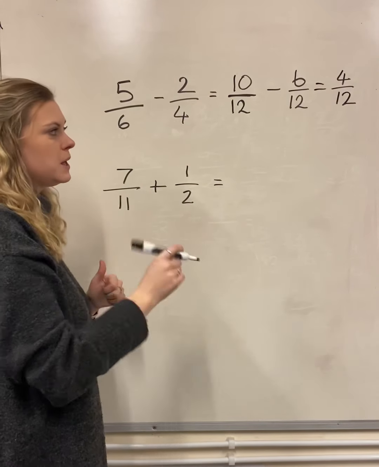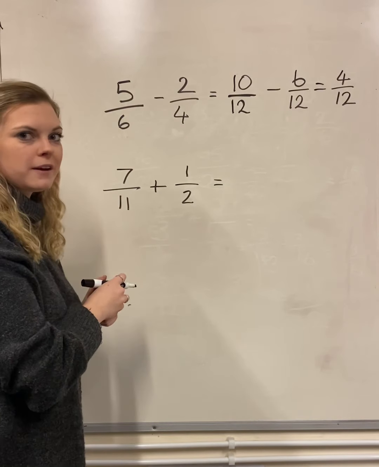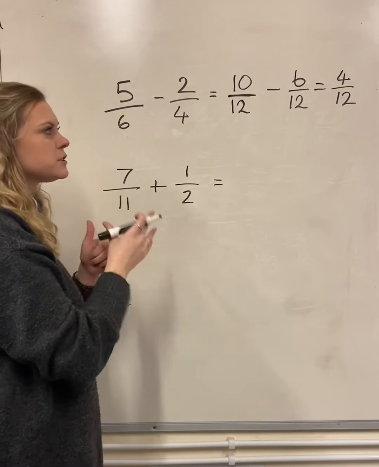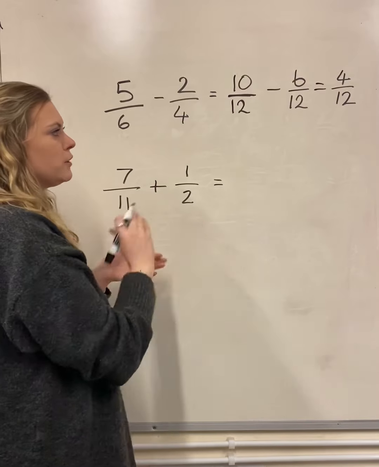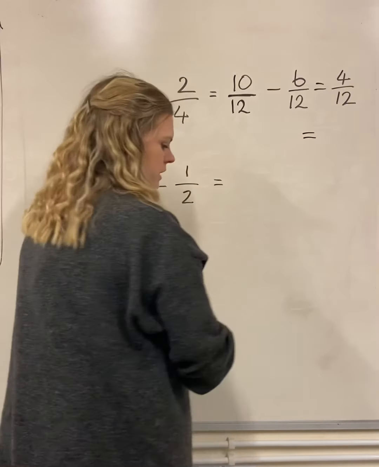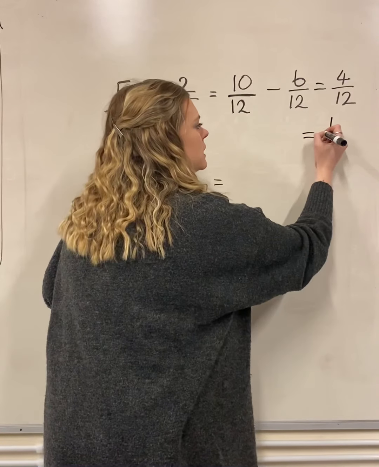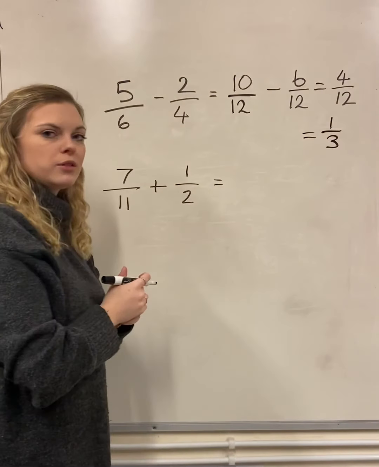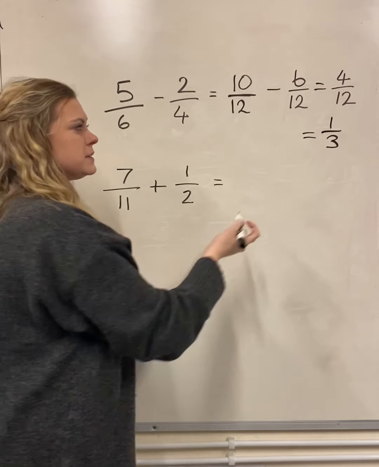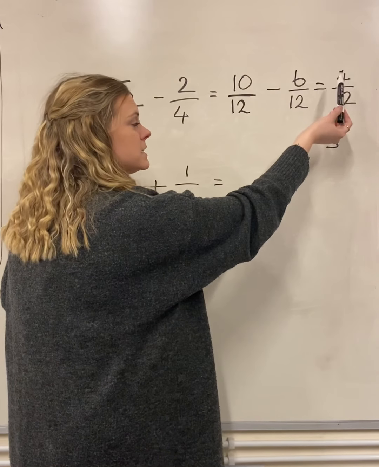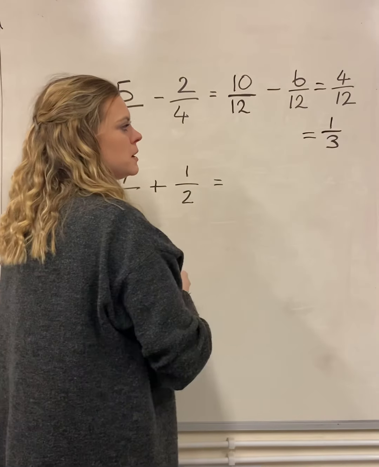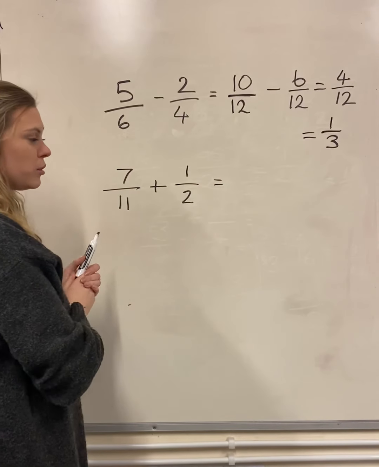Okay, and again, if you can simplify that fraction, that'd be really good, because that gives us a bit of practice then of our other knowledge. So if you could simplify that fraction, it would be 1/3. Okay, because I've divided the top and the bottom by 4, which gets me 1/3.